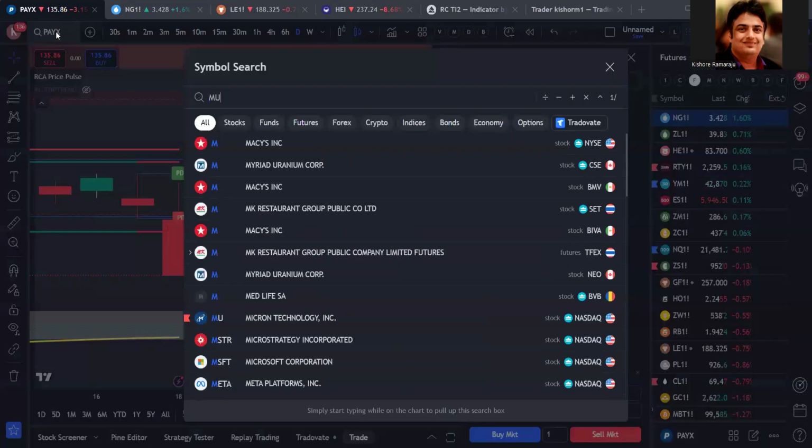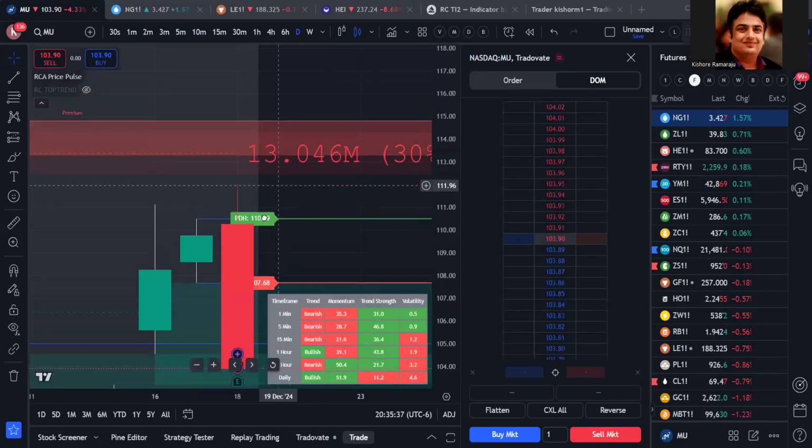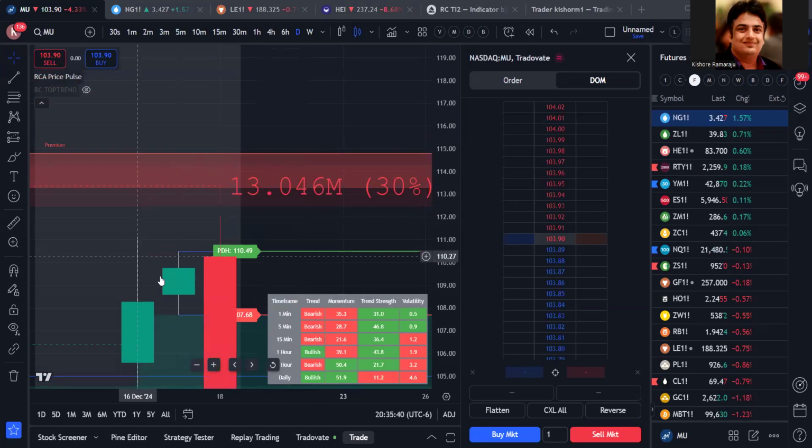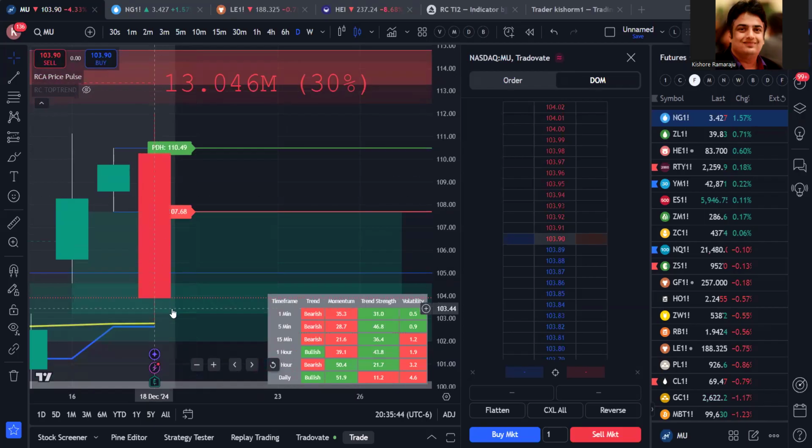Today when we saw Micron, we had a huge sell order block. There was a 1.13 million sell order block. Price touched that post earnings, and then we saw a huge drop.